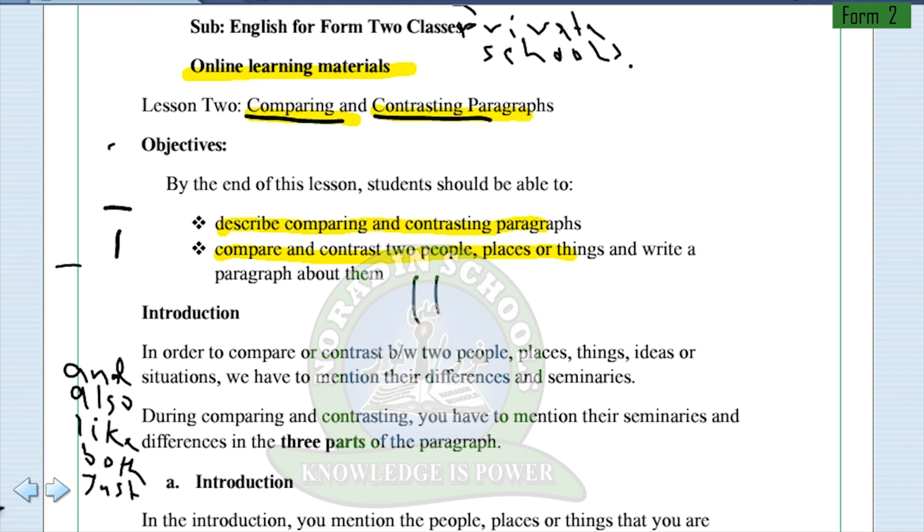If I am contrasting two things, I need words like but, however, nevertheless, although, even though, on the other hand, on the contrary. You need to master these words.